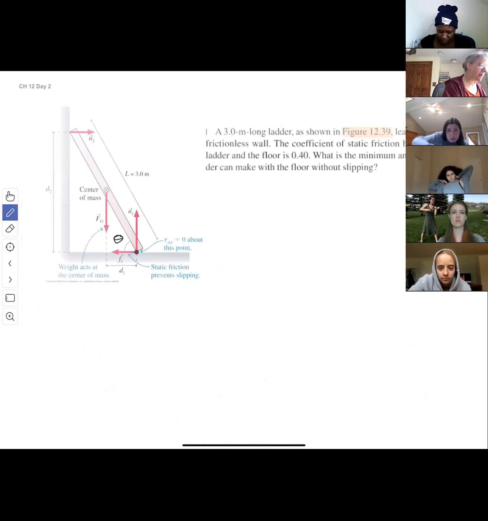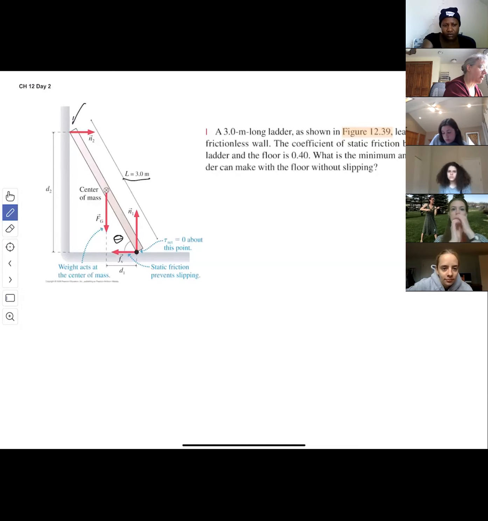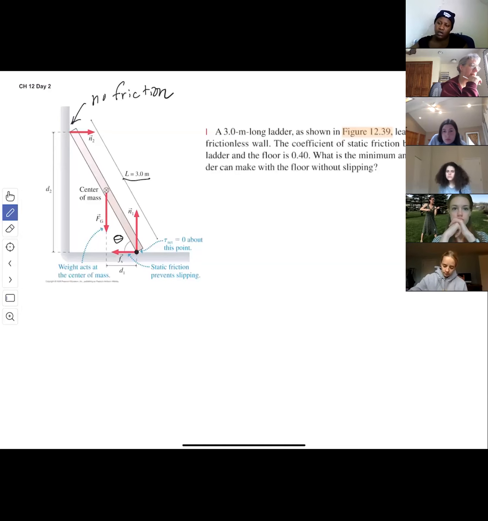I told you about the other posted videos. Here, I've got a statics problem. I've got a picture of a ladder, and I know the length of the ladder. It's leaning against a wall, and we're going to treat this wall as having no friction. That's just a simplification here.